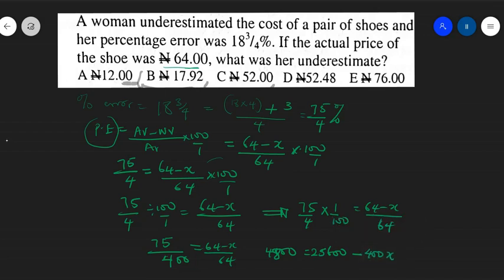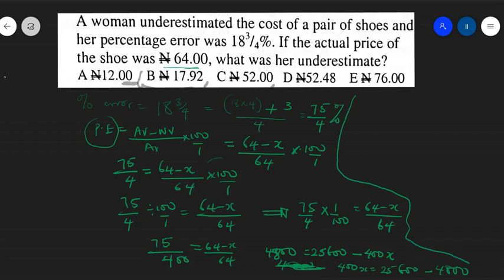It's better to flip it like that, to make the work easier. So here becomes 400x is equal to 25,600 minus 4,800.